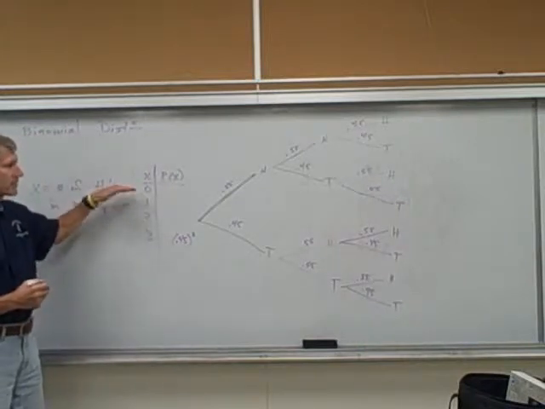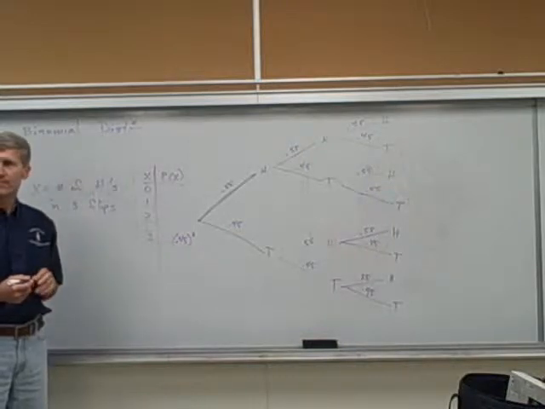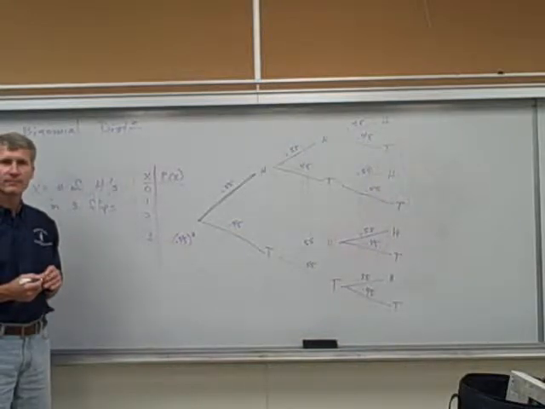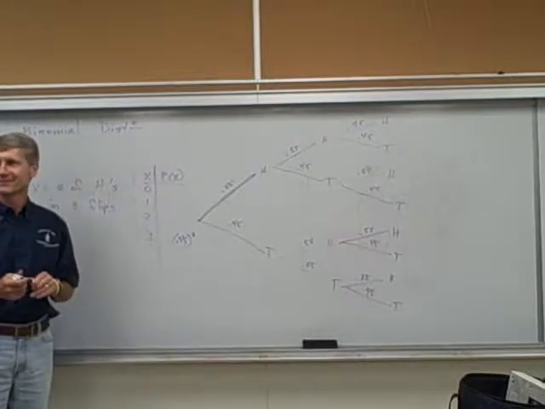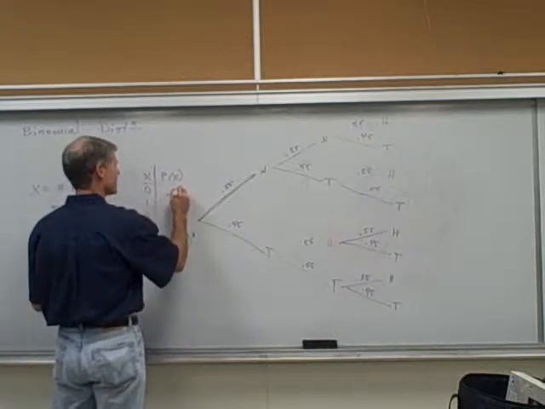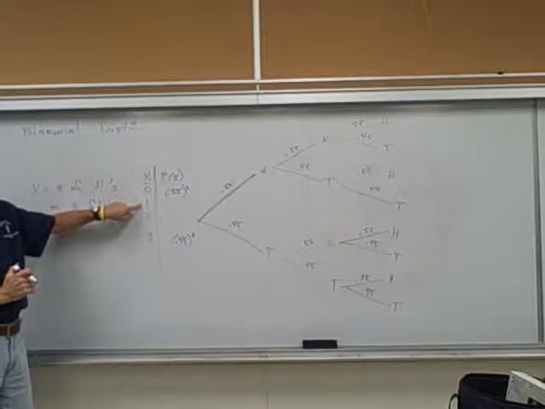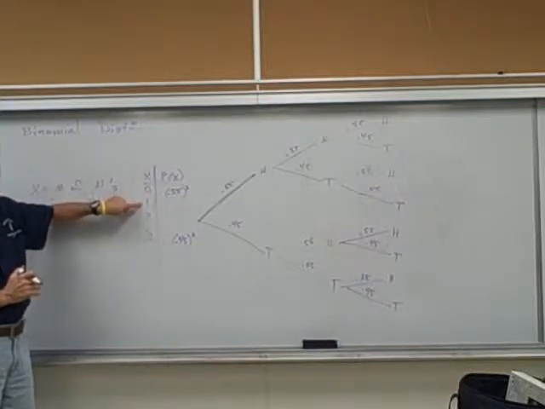What's the top branch? 0.55 cubed. Good. Right? What's this branch? I'm sorry, this value of x. X equals 1.